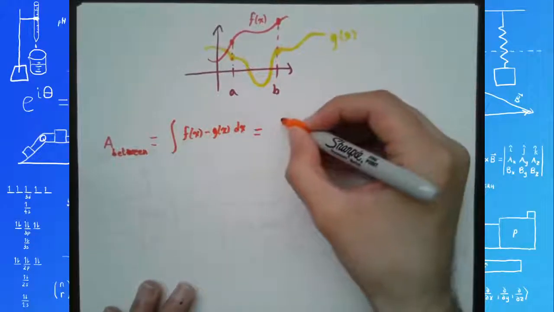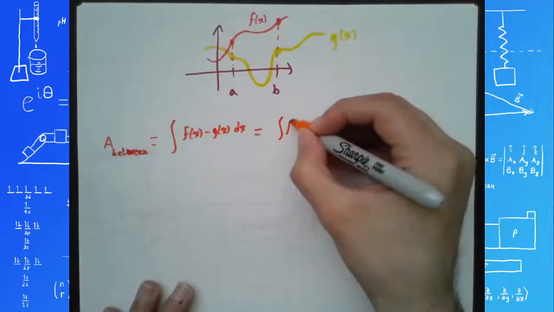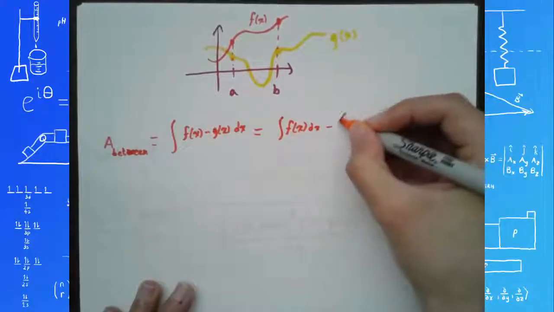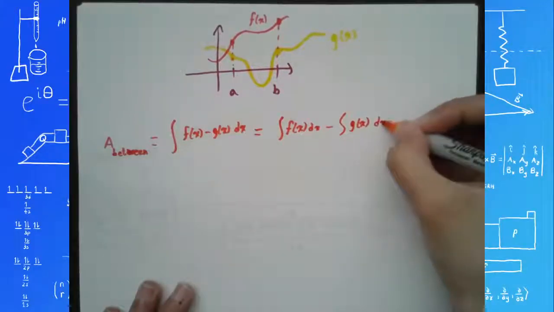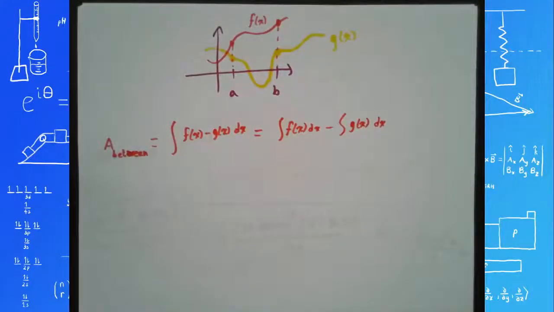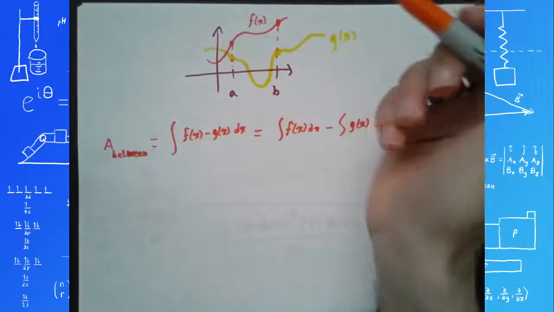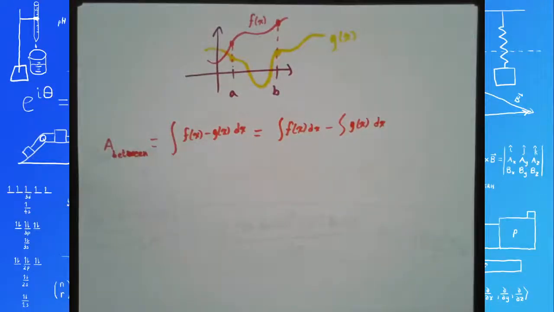Well, you learned some rules about integrals, like the fact that this can be split into integral of f of x dx minus integral of g of x dx. Oh, and by the way, the area between curves is always an absolute value. That's something to remember.